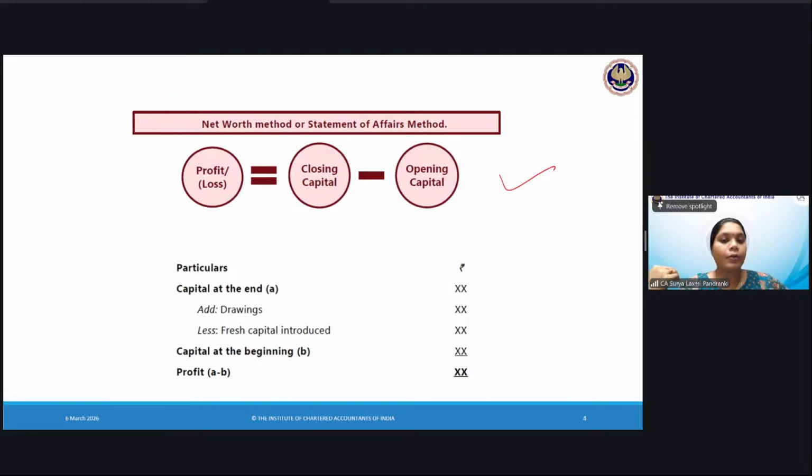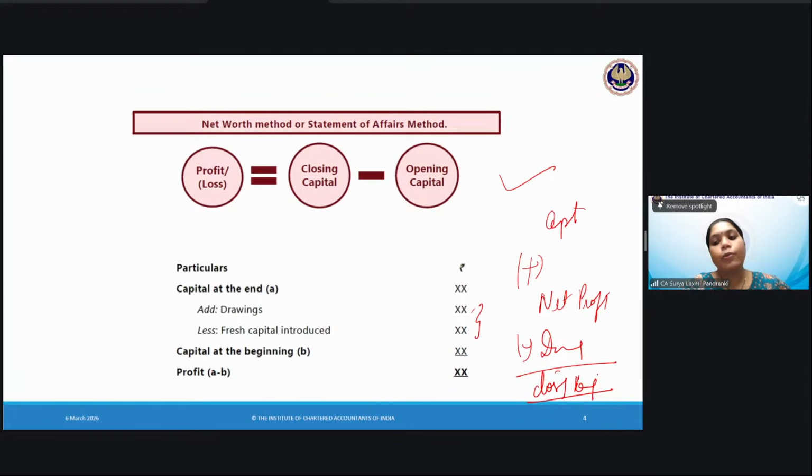And when you're closing the business for that year, what is your closing capital? The difference is generally either drawings or any capital that is introduced, right? Either it should be there, or you will also have what? Profit. That is what we have studied before also, right? Capital, you add profit to it, you remove drawings from it, and you will get your closing capital.